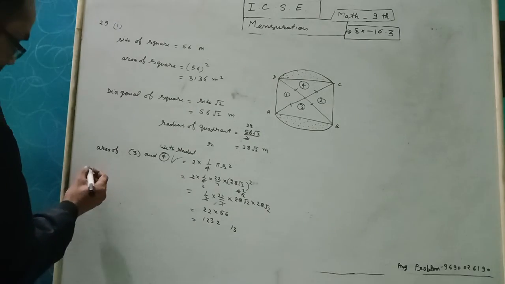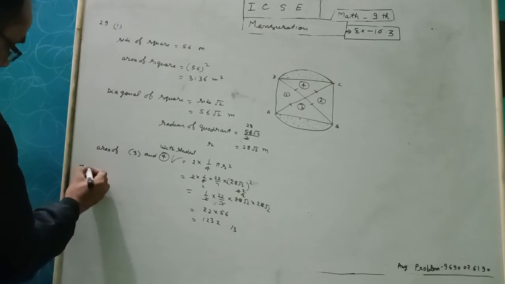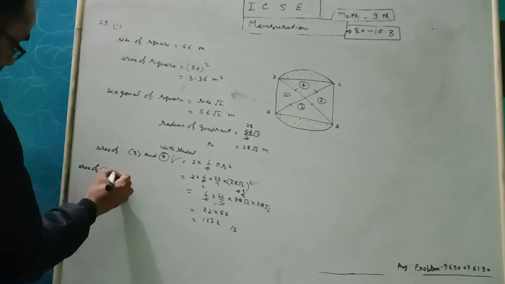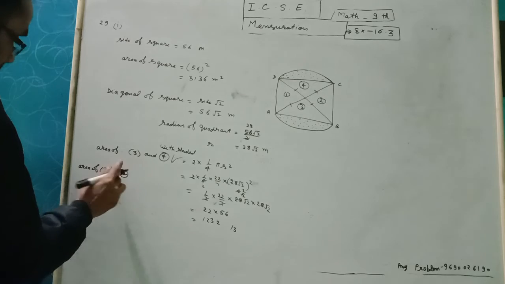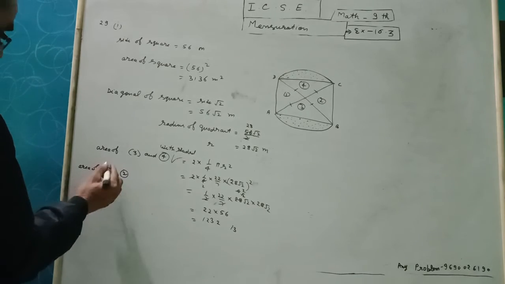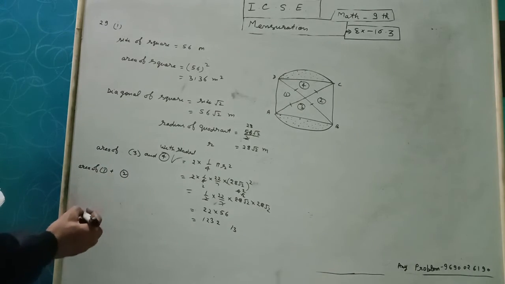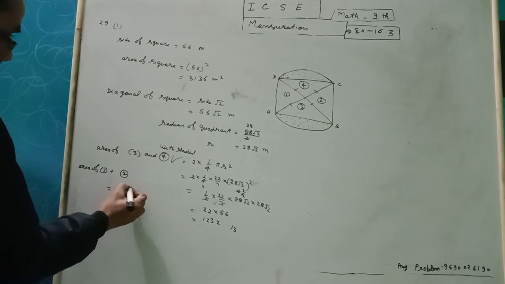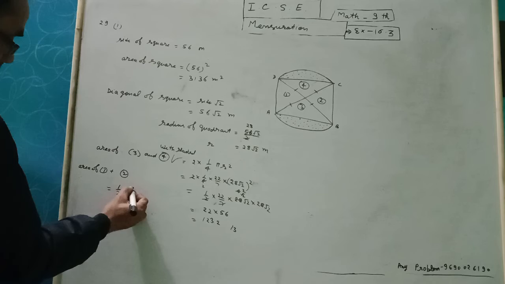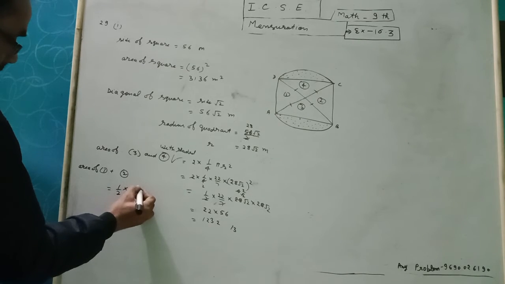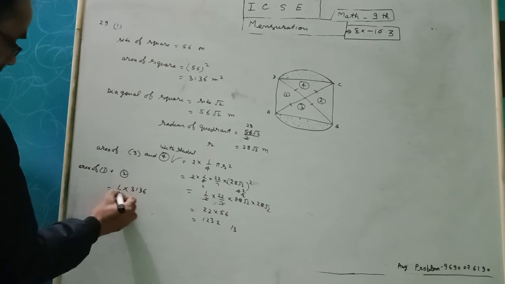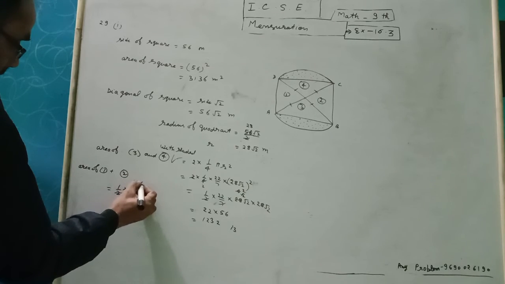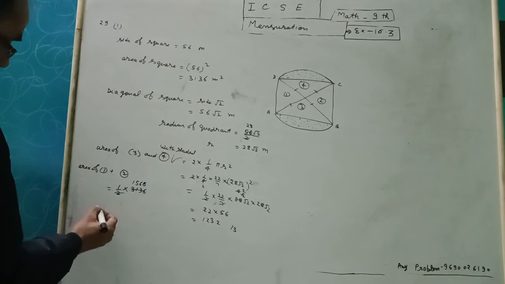Then area of 1 and 2, 1 plus 2, this will be half of the area of the square. Area of square is equal to 3136 divided by 2, 1568.